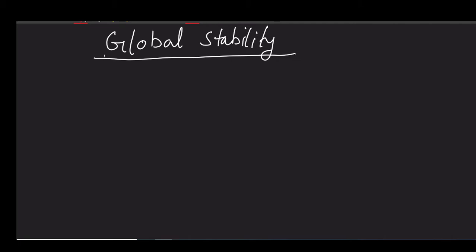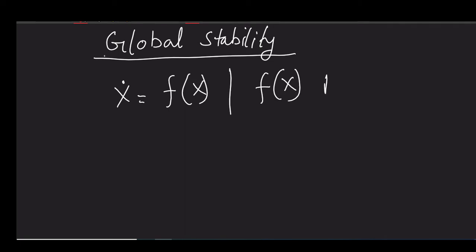Again, we started with the same autonomous system. As of now, we just confine our discussion to autonomous systems. We are not considering anything about non-autonomous or forced systems. We are considering a very special class of system that is autonomous in nature, that is shift invariant.